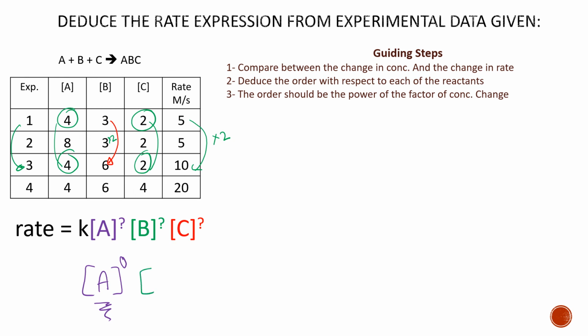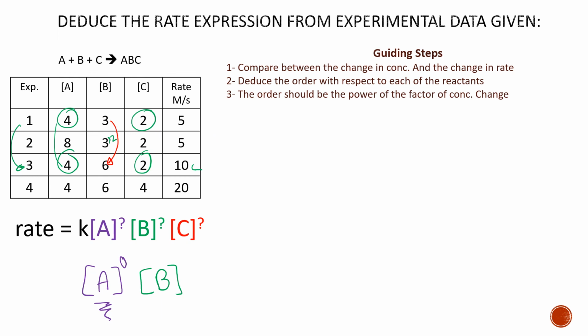So we should understand that this is first order with respect to B, because the rate has changed by the same factor as the change in the concentration of B.